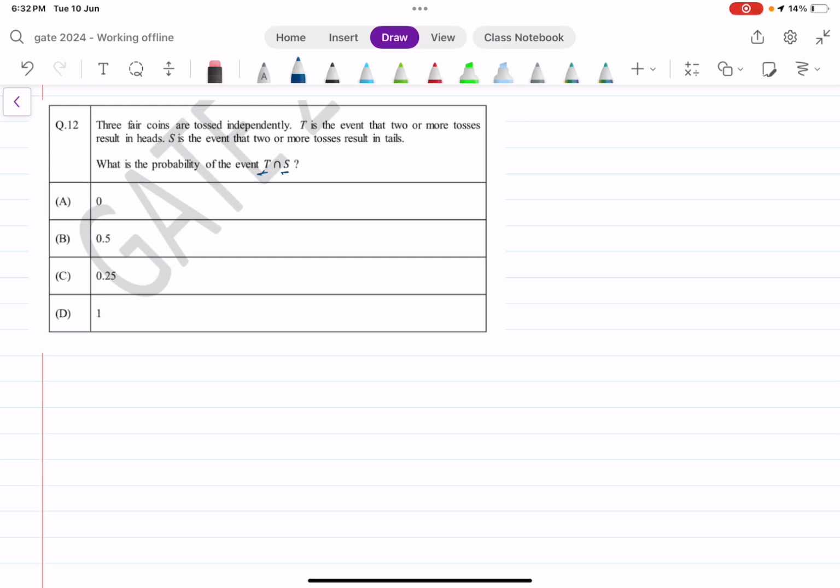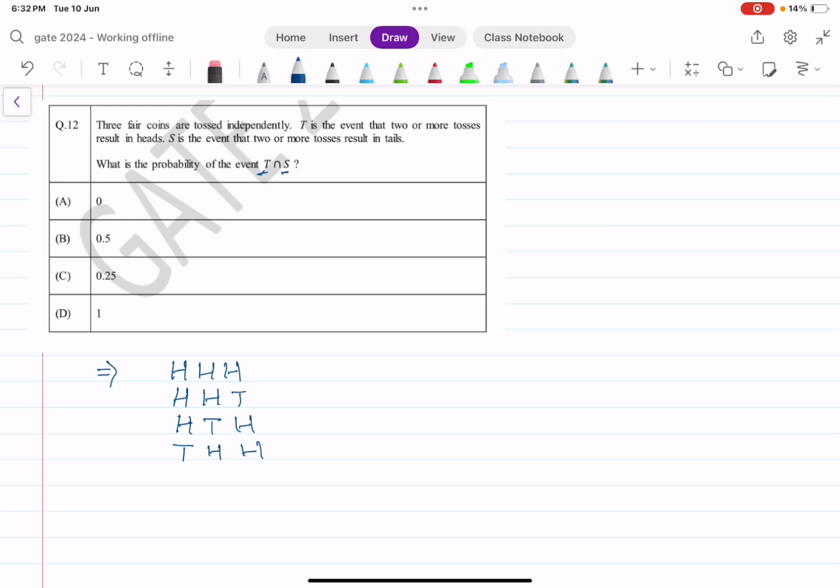So we can simply draw the sample space of tossing three coins. We will have 2 power 3, right? We have 3 coins and each coin has two faces, so we will have 2 power 3 outcomes in our sample space. Let's start with head, head, head, and another possibility can be two heads and one tail, and it can be like this or like this.